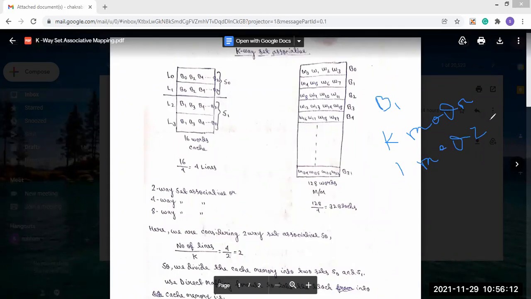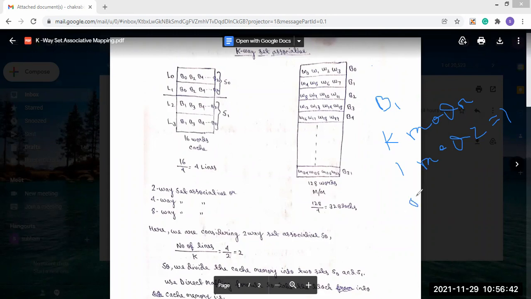So 1 mod 2 gives the value 1. So block number 1 will be present in set number 1. But in set number 1, there are line 2 and line 3. So block number 1 can be present in line 2 and also in line 3.